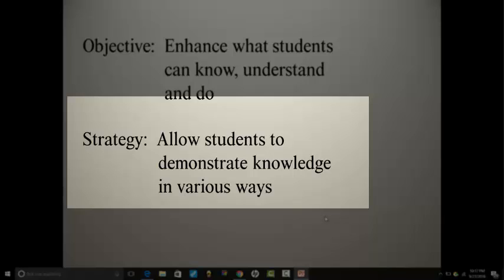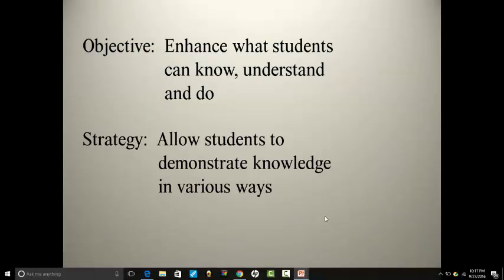We are familiar with the multiple intelligences, of course, and the reflections play directly into that philosophy by working with students' various talents, skills, intelligences, and preferences such that they can demonstrate knowledge in a variety of ways.